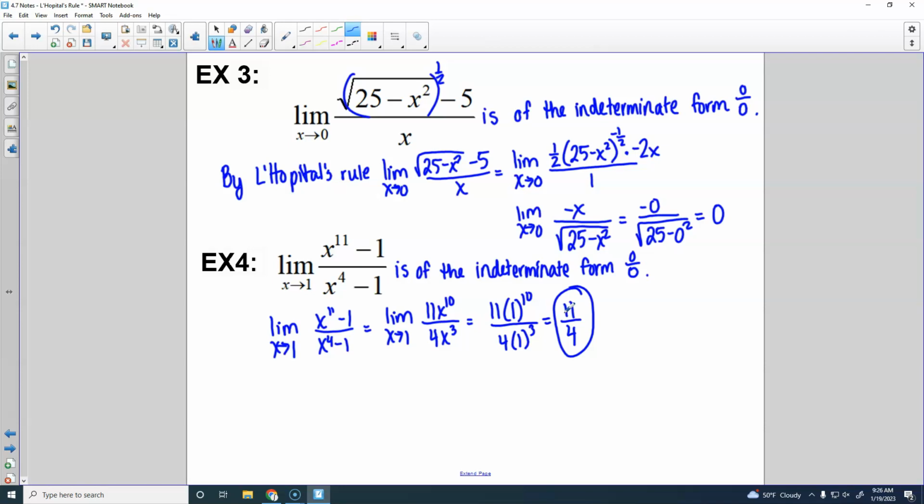So the only way we know how to do this problem is to use L'Hopital's rule. So this is an example. Oh, I forgot to put "by L'Hopital's rule," didn't I? So the only way we would know how to do this one is with L'Hopital's rule.